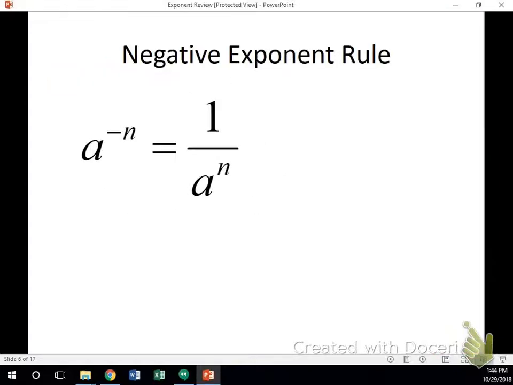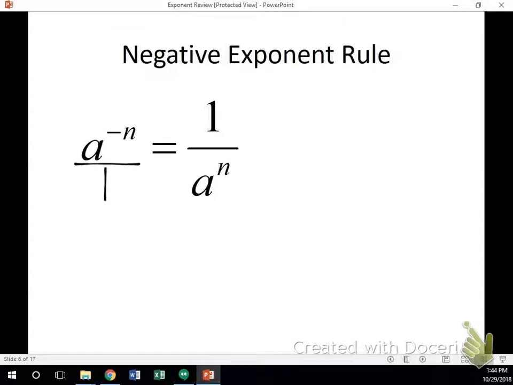More rules. The negative exponent rule. If you have a base raised to a negative exponent, we make the exponent positive by moving it to the denominator. So remember, any variable, integer, anything, if it is not written as a fraction, we can write it as a fraction by putting it over what number? 1.